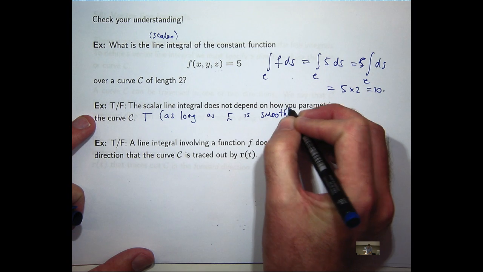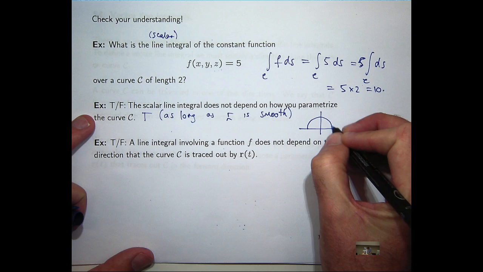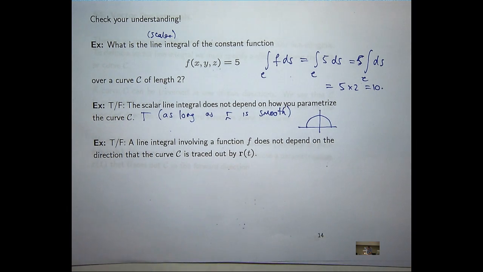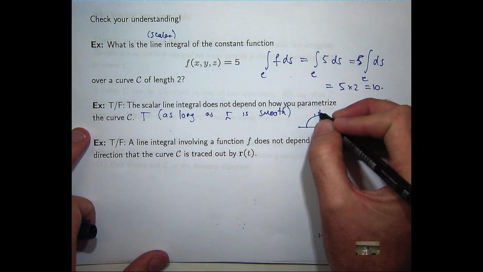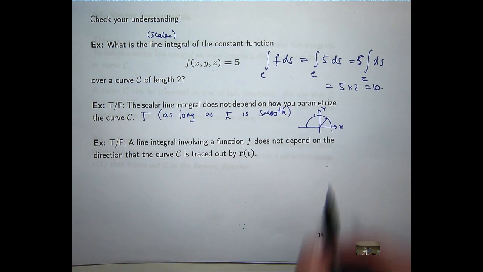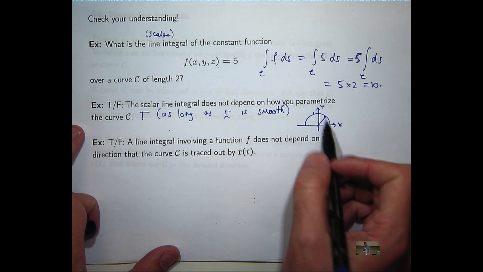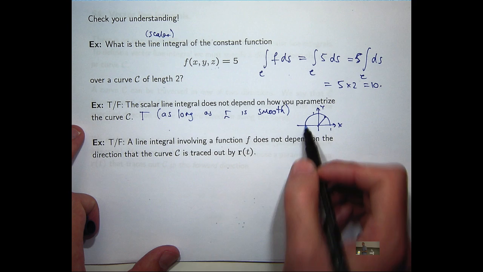So let me give you an example. Let's take the unit circle in the xy plane. Who can tell me a parameterization for the half circle from, say, this point around to this point?